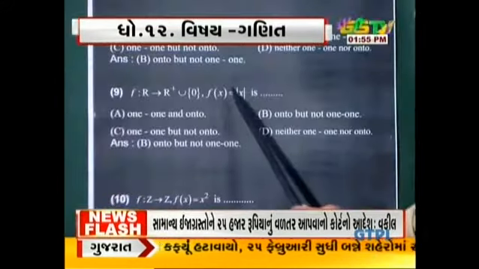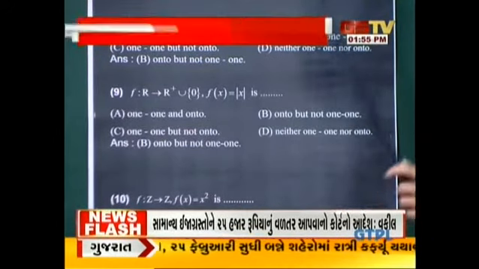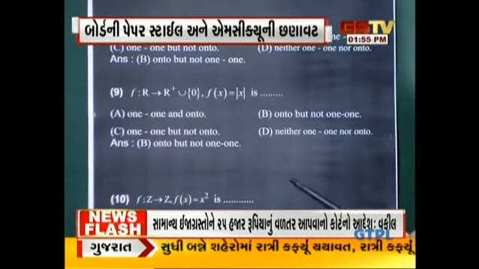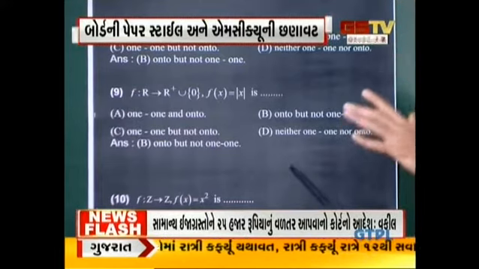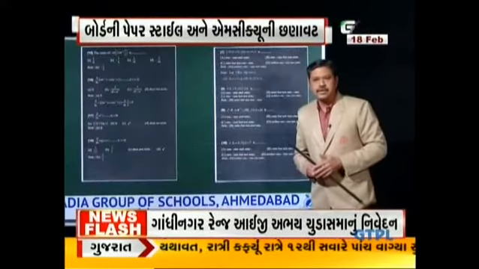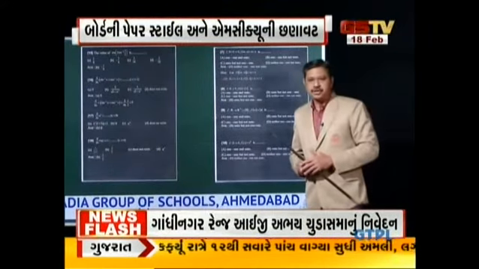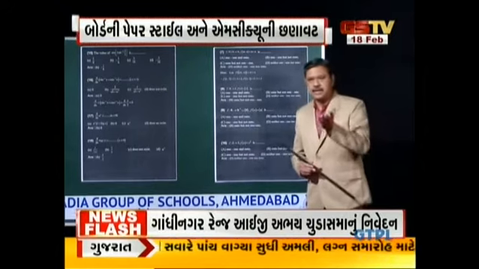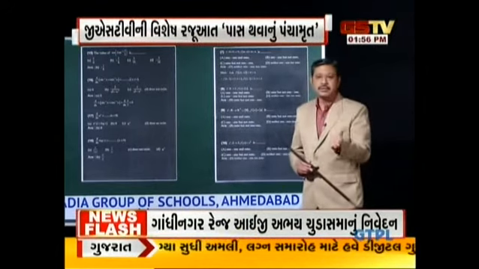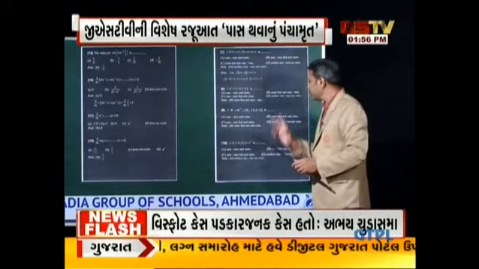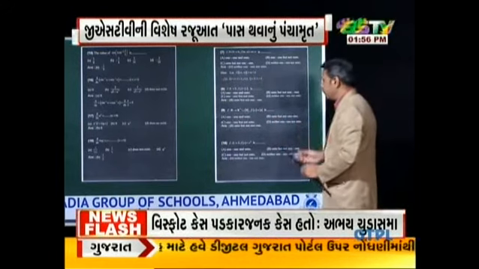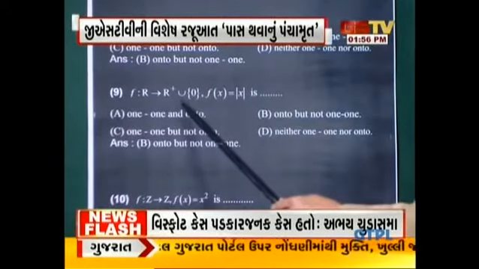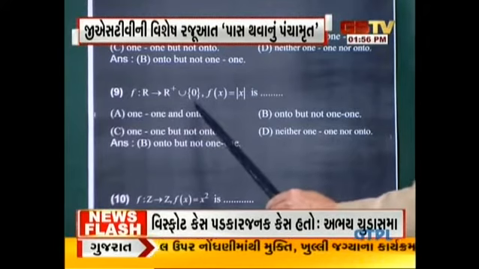Similarly, the range of the modulus function is always in R plus, because if you take any negative value in the modulus function, it is converted into positive. If we take minus 5, then it is plus 5. If we take minus root 2, then it is plus root 2, always a real number. So the range of the modulus function is R plus union 0.